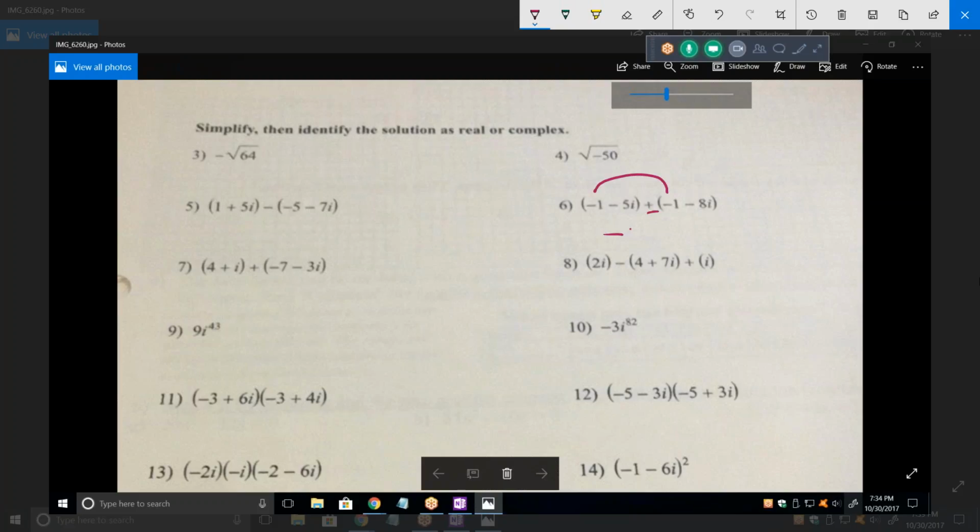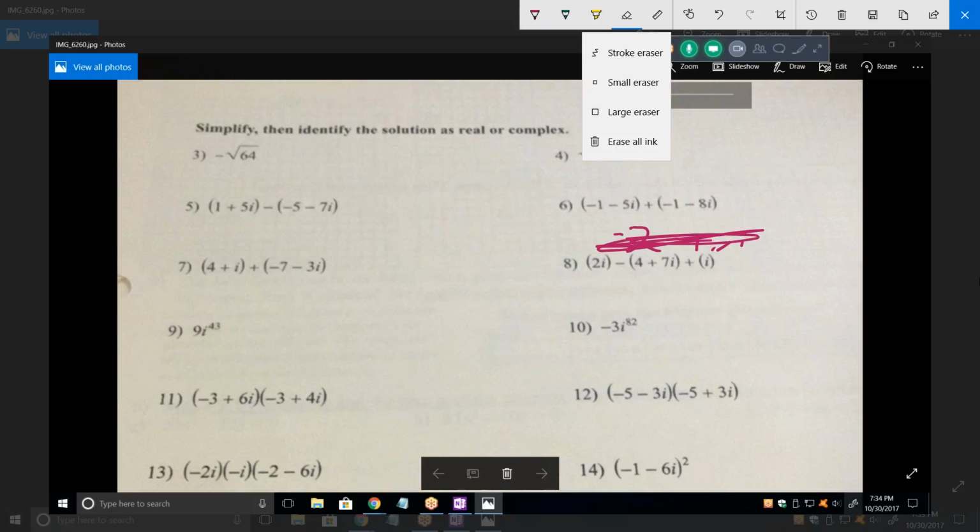Minus 2. And what's minus 5i plus a minus 8i? Minus 13i. There's your answer. In other words, all I really had to do is, because I'm adding, I can basically remove the parentheses without doing anything.